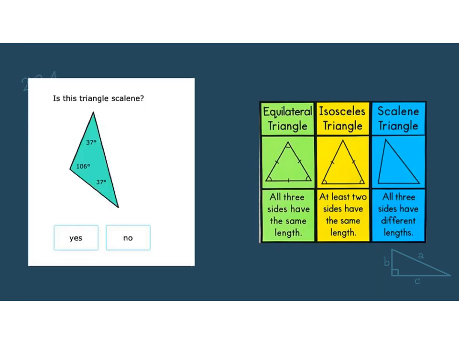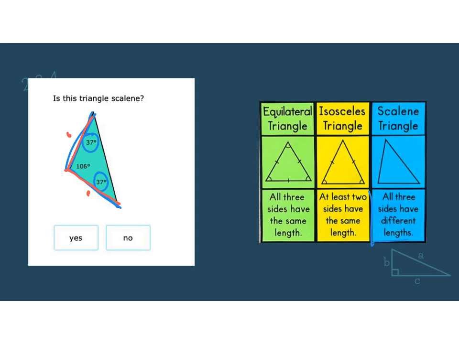All right, is this triangle scalene? Let's look at the definition of scalene. All three sides have different lengths. Well, we've got two angle measures that are the same. When we have an isosceles triangle, we also have two of the same angle measures, which is kind of confusing because we haven't really talked about that. But since these have two of the same angle measures, that means that these two sides are equal.